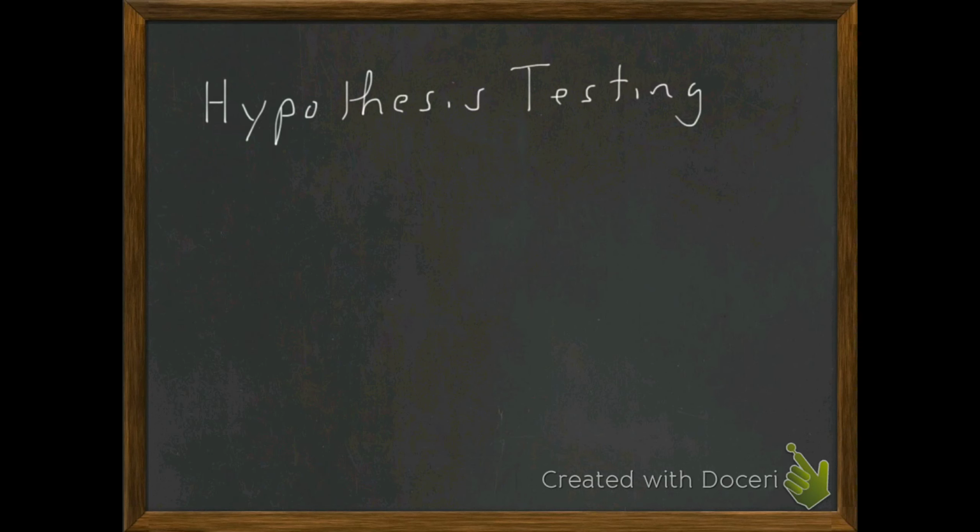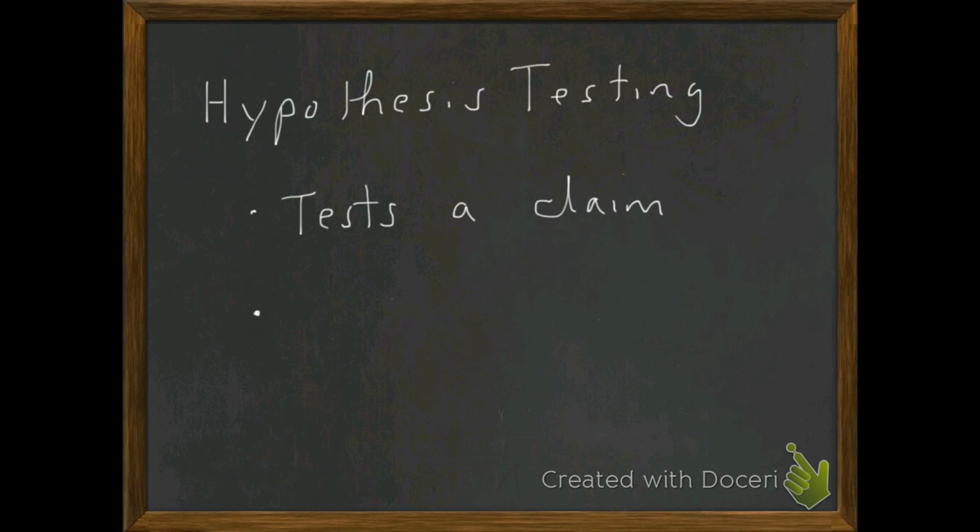The second part of inferential statistics is called hypothesis testing. And at the end of the day, what hypothesis testing does for us is it gives us a very rigid statistical procedure, a technique if you will, that allows us to test a claim about a value from a population.